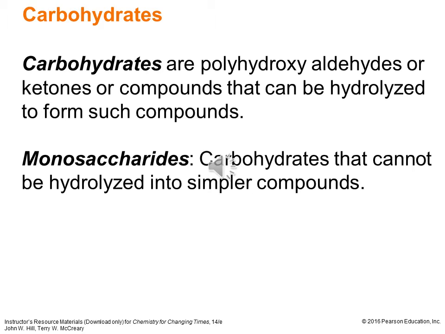Monosaccharides are carbohydrates that cannot be hydrolyzed into anything simpler. So this would be like your glucose or your fructose, your simple monosaccharides. Most of the polysaccharides that we'll encounter can be broken down into these monosaccharides by chemistry.